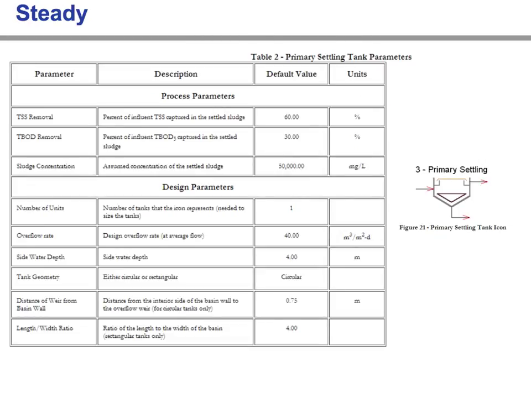So this is about the primary settling. If you want to calculate the treatment efficiency, we have to choose the process parameters, and if you want to determine the dimensions, we have to choose the design parameters. Process parameters include TSS removal, TBOD removal, and sludge concentration.